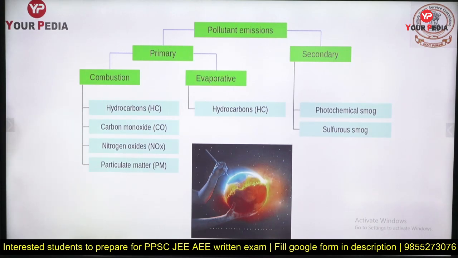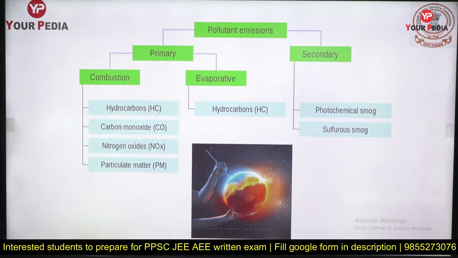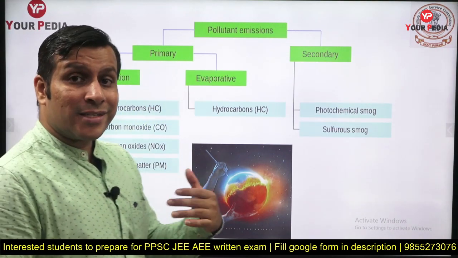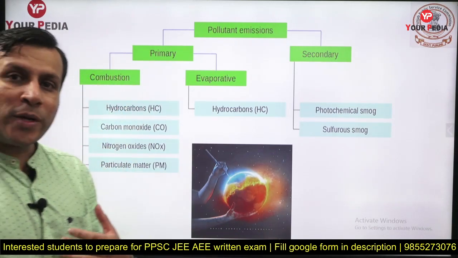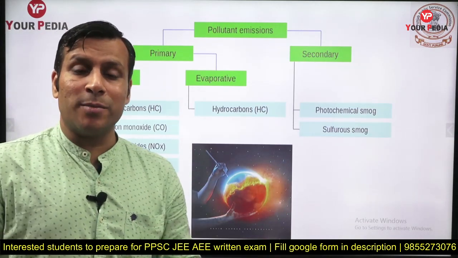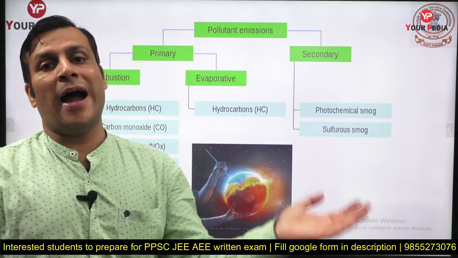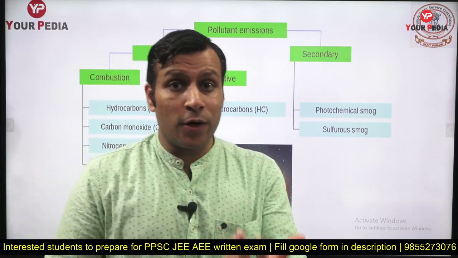Primary pollutant emissions you can further classify into two categories, combustion and evaporative. Both are primary, meaning they are generated from the source. Combustion means emissions generated when you are carrying out combustion of a fuel. Evaporative means you are not carrying out combustion, but the hydrocarbon is still evaporating, because petrol is a very volatile substance.